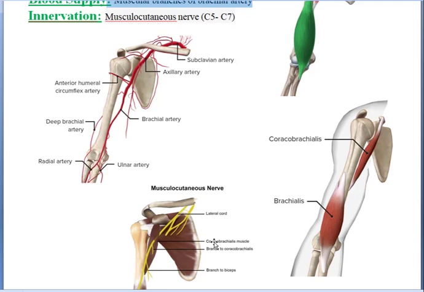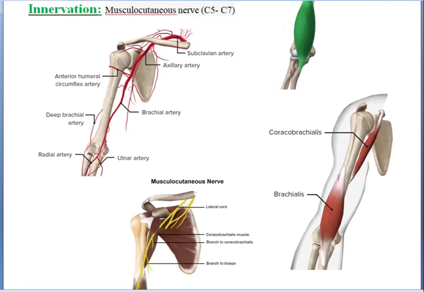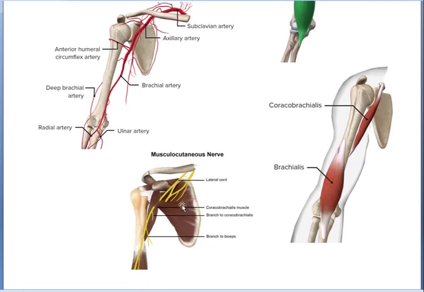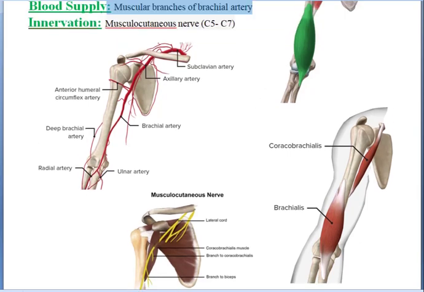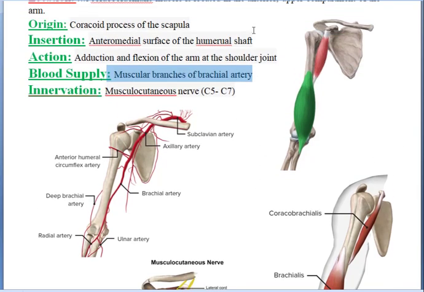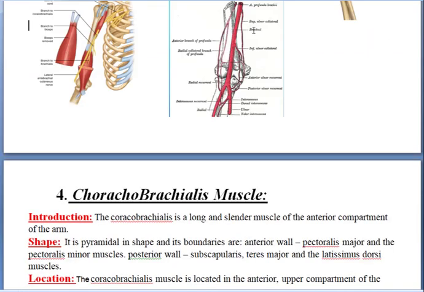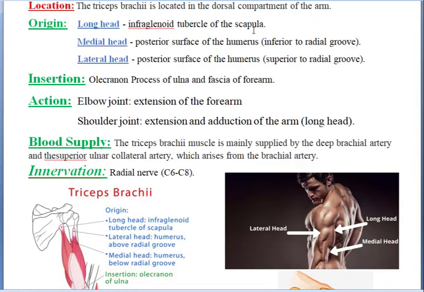In this lower image you can see the coracobrachialis muscle, and these are the branches of the musculocutaneous nerve which come from C5, C6 and C7. So they give branches to this coracobrachialis muscle. So friends, this was about the biceps, brachialis and the coracobrachialis muscle.